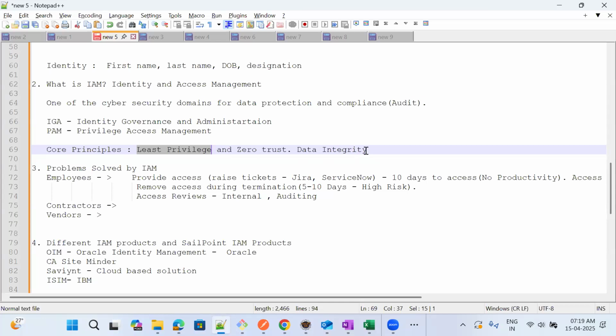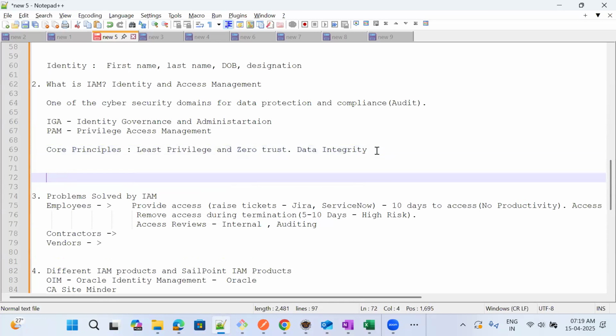Suppose I'm a developer. As a developer, let's say I have access to a Git repository. I have access to commit the code, but I should not have access to review the code.